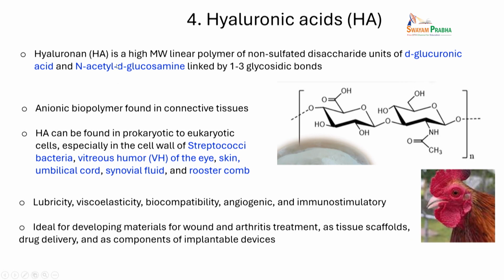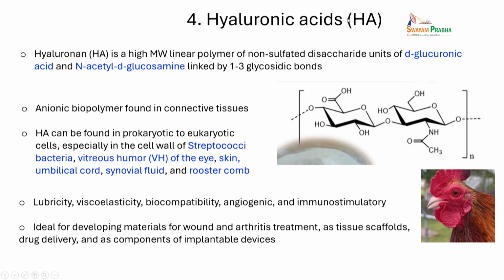The last one I want to talk about is hyaluronic acid. If you have bought any of these face masks from Korean brands recently, they actually use hyaluronic acid in their face masks. It is also highly useful in biomedical applications.